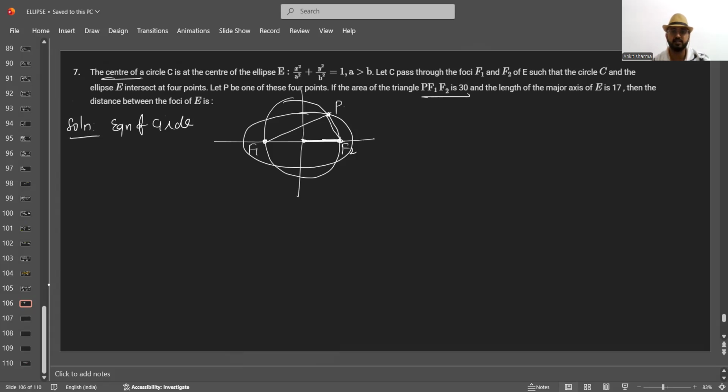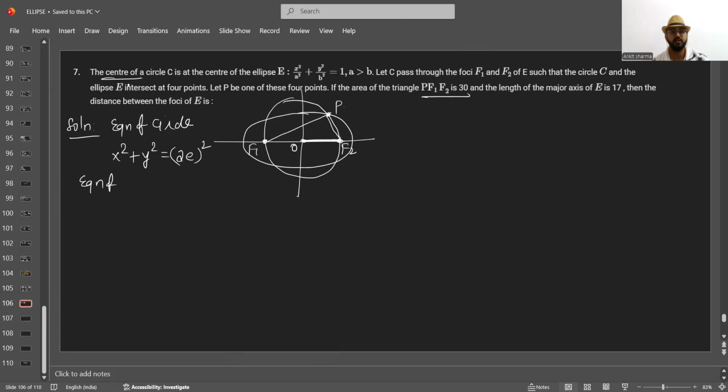That means this is acting as the radius, O to F2 or F1 we can consider. So the radius is nothing but the focal distance AE. That means the equation of circle we can directly write down: x square plus y square is equal to AE square. This is going to be my equation of circle.